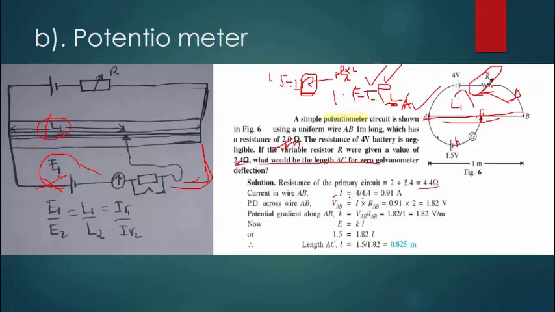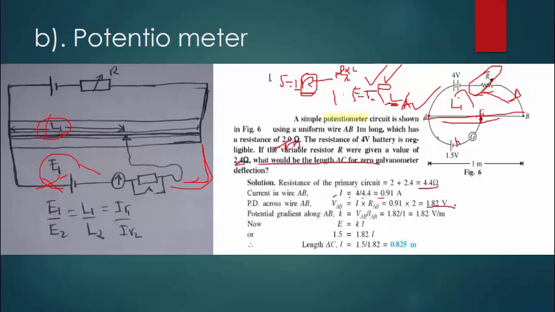But the potential difference across AB, across the whole length, achana sasa na L1, the whole length is I times R AB. So we have 0.91 as the current times R AB ambayo ni resistance ya wire wote 2 ohms, inapata 1.82 volts.